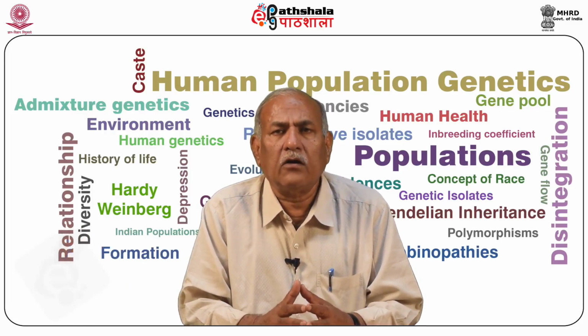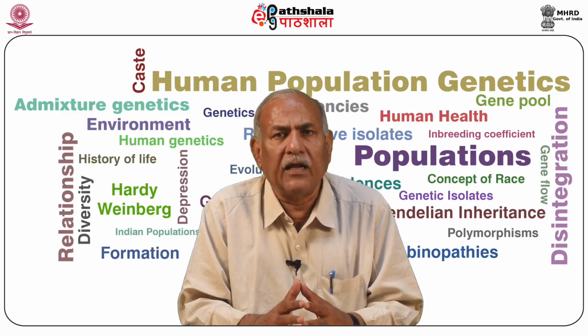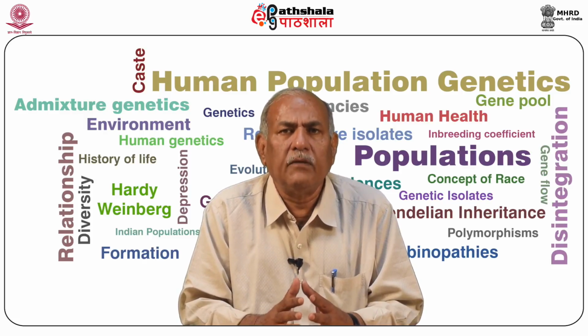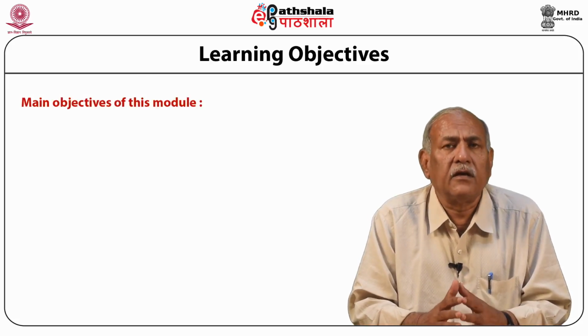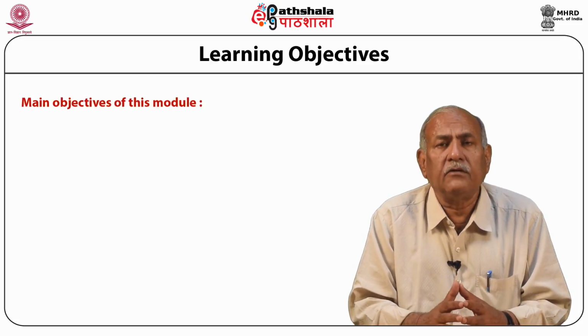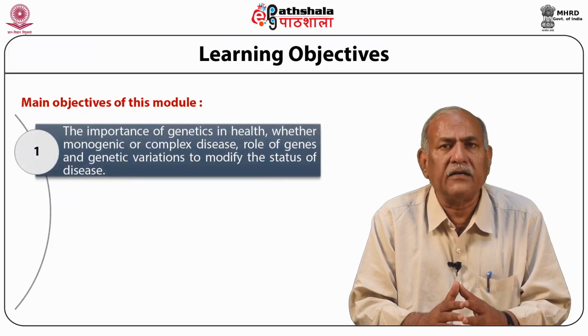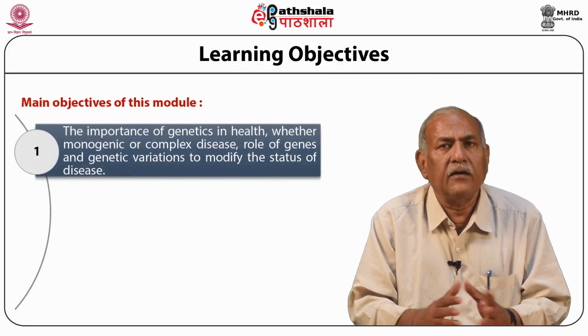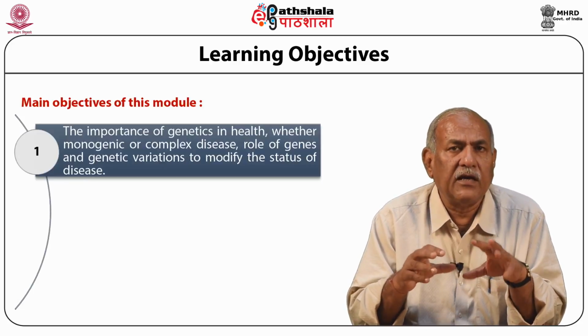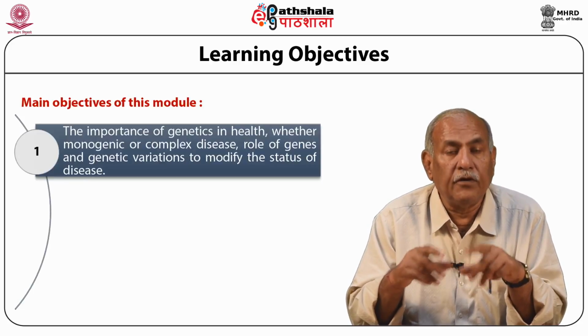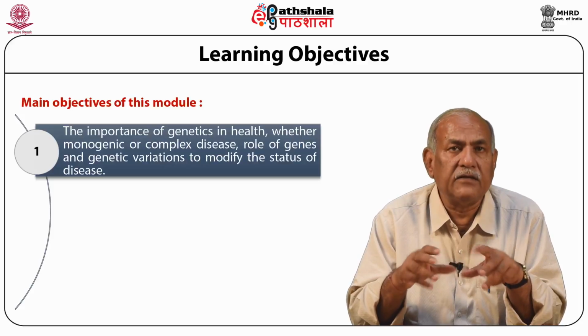Today we are going to talk on the module Genetics and Human Health from the paper Human Population Genetics. The main objectives of this module are that you will be able to understand the importance of genetics in health, whether monogenic or complex disease, and the role of genes and genetic variations in modifying the status of disease.